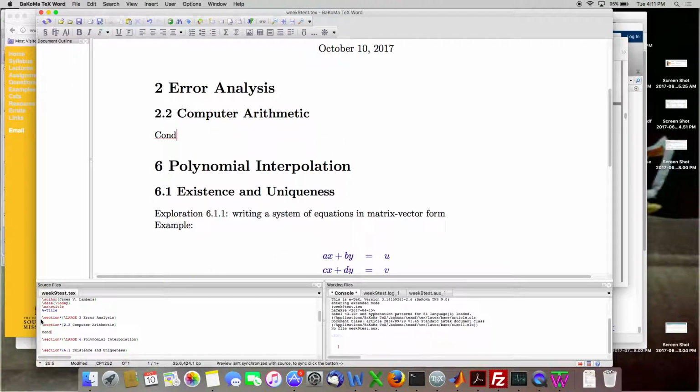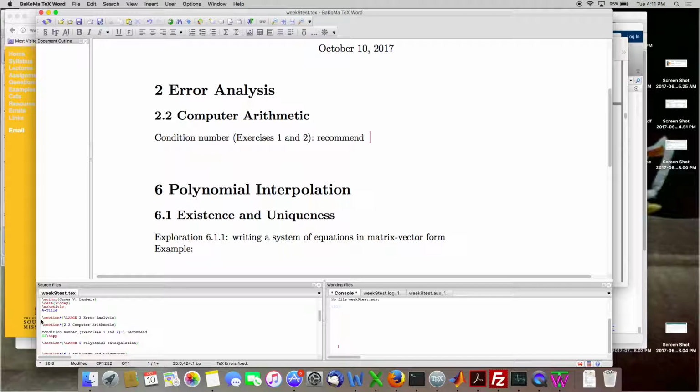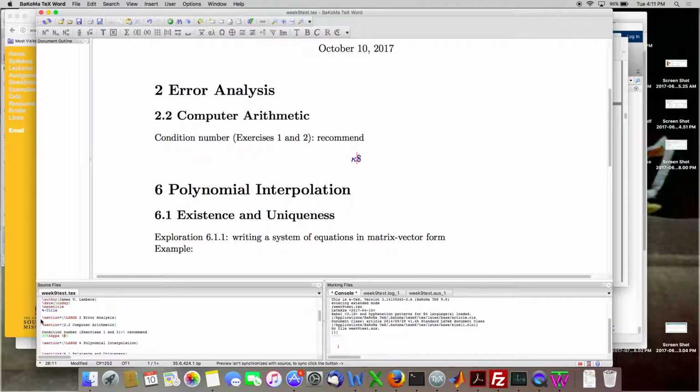Okay, so for condition number, this is exercises 1 and 2. I recommend using, for a condition number, either x f prime of x over f of x.